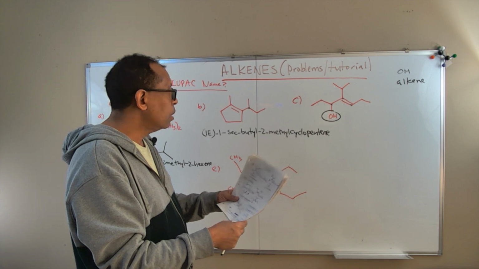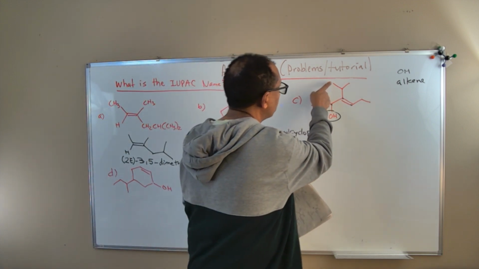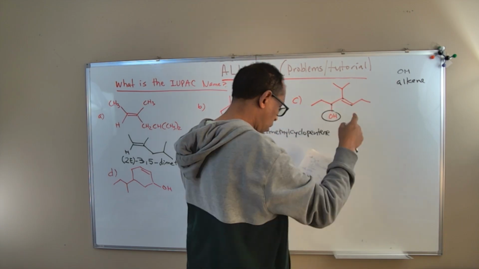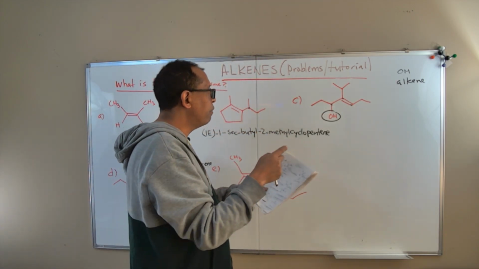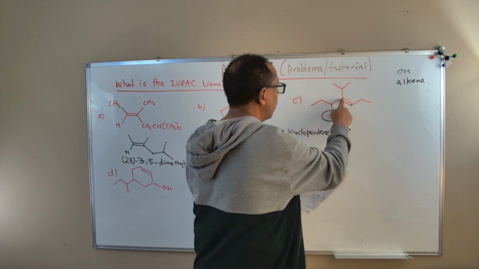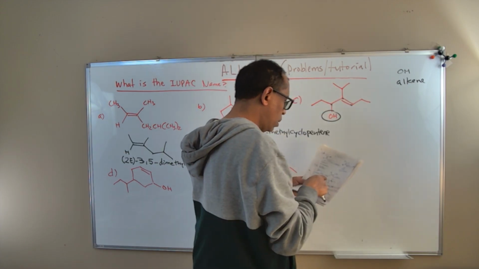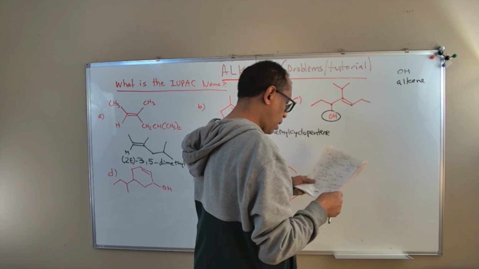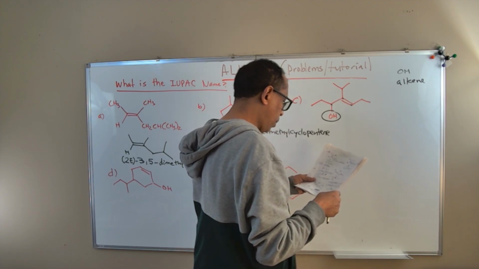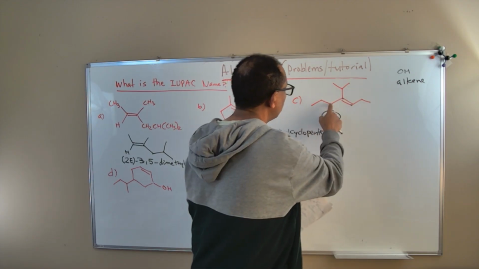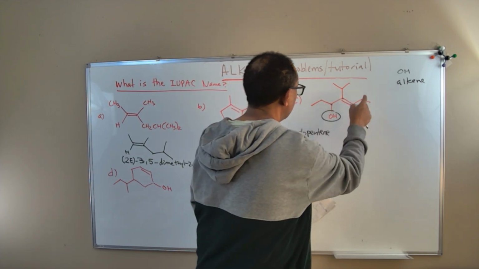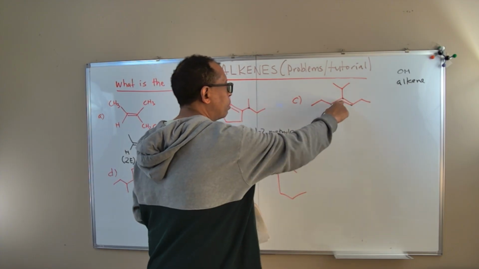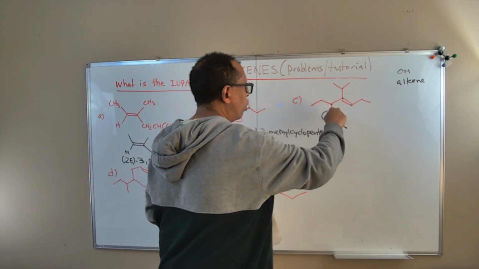So here if we just see 1, 2, 3, 4, 5, 6, that's not the one. If we look at 1, 2, 3, 4, 5, 6, 7, this is a heptanol compound. At the 3 position I have the alcohol. At the 4 position I have the isopropyl.